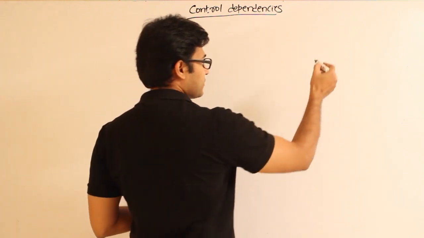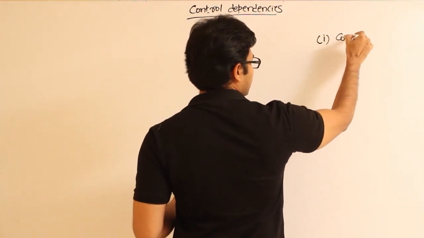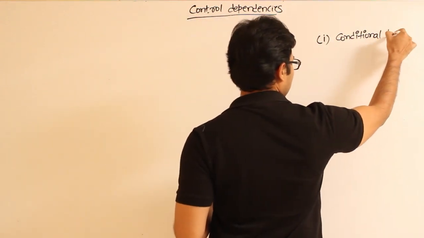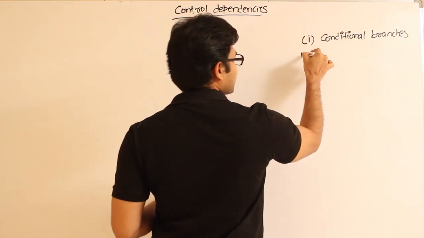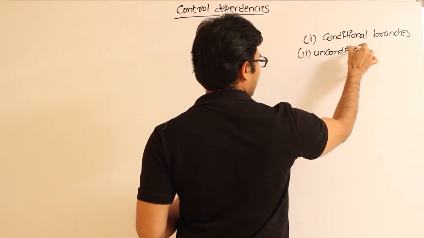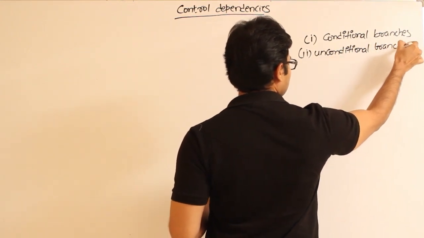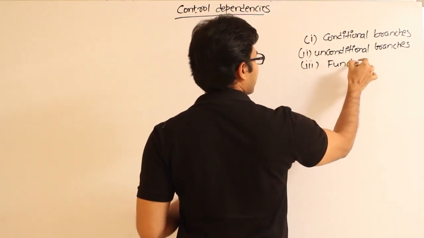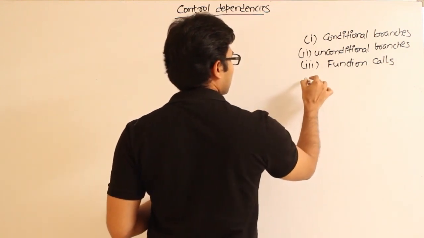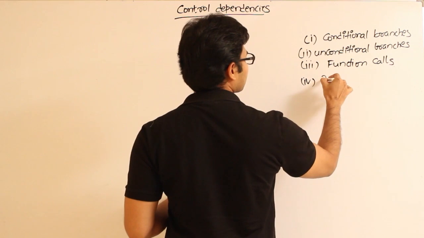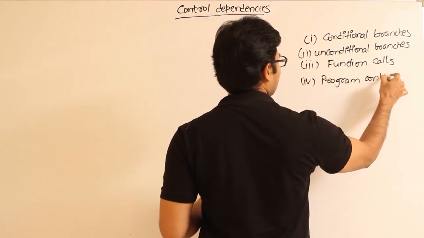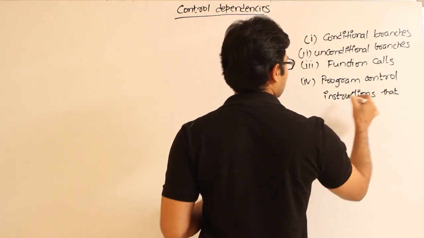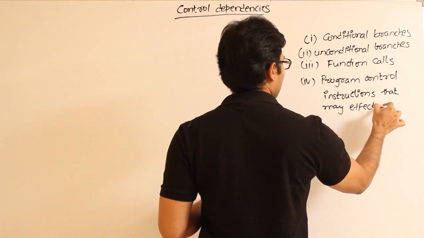So there are certain types of instructions. One is conditional branches, or conditional jumps, and the second one is unconditional branches, and the third one is function calls, and the next one is program control instructions that may affect the program counter.